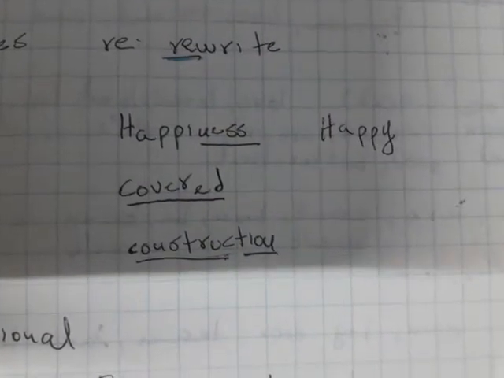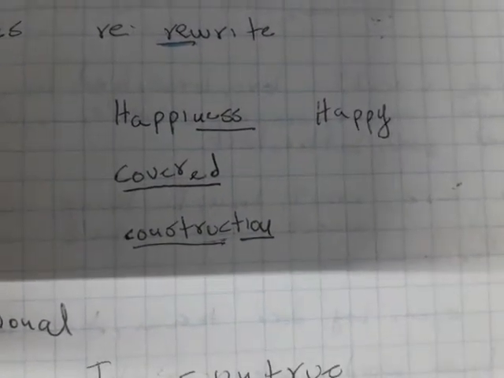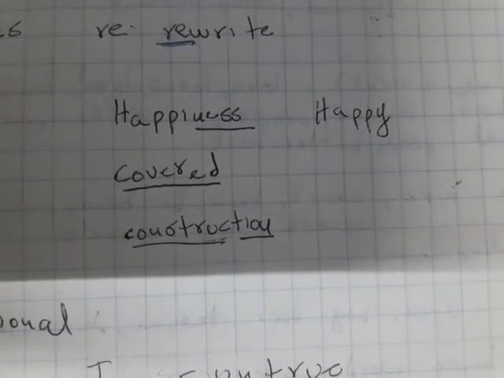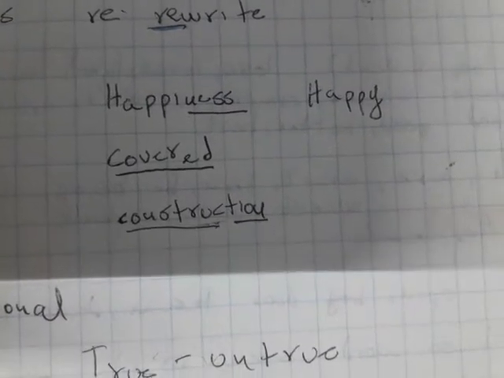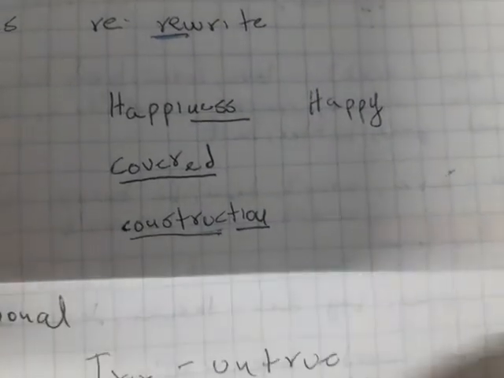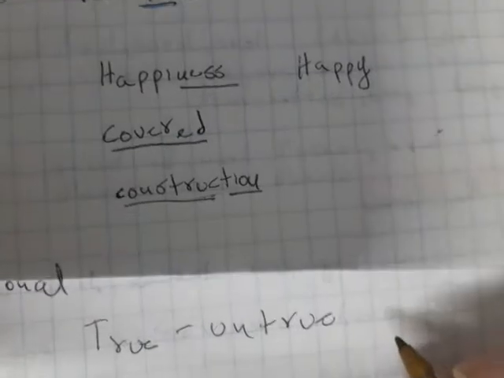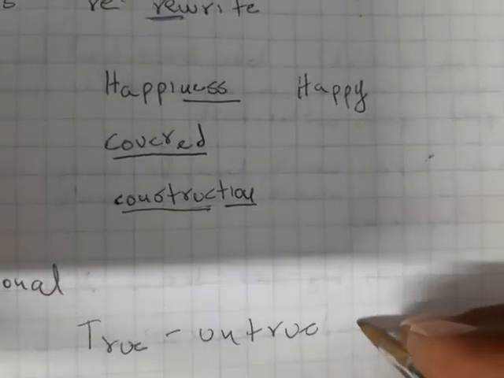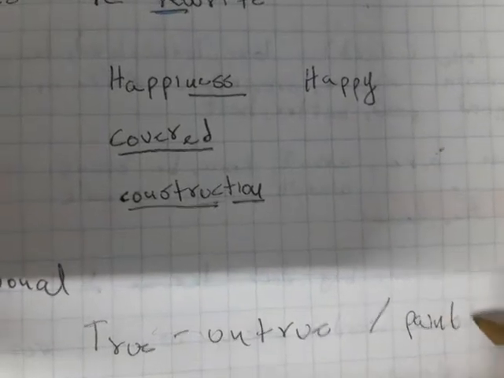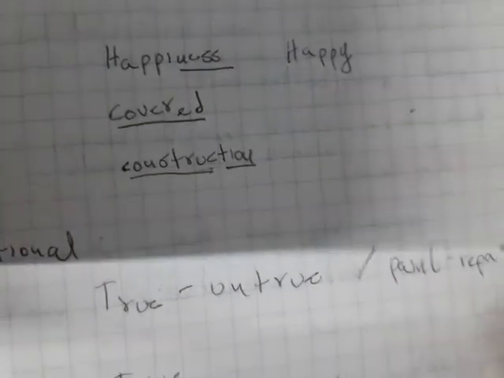Derivation and morphemes produce new words from existing words in two ways. The first one is that they can change the meaning of the word. Example: true, untrue. Paint, repaint.